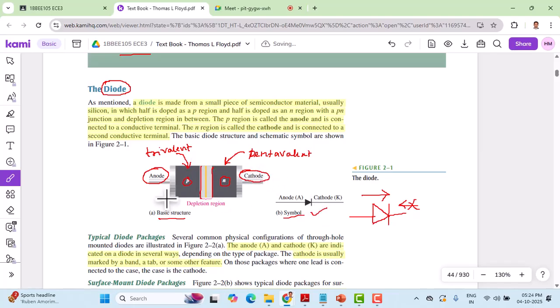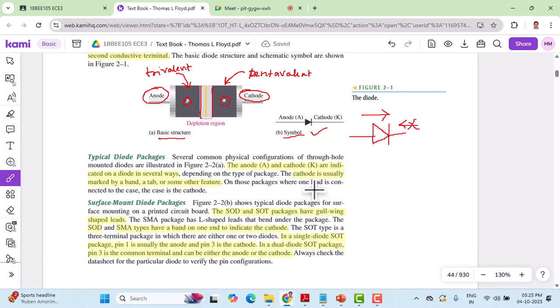So for the junction structure you are seeing here, we have arrived at a symbolic representation. Then comes how these PN junctions are manufactured. The silicon, P and N type semiconductor, needs to be encapsulated in a package, and that comes in different ways.